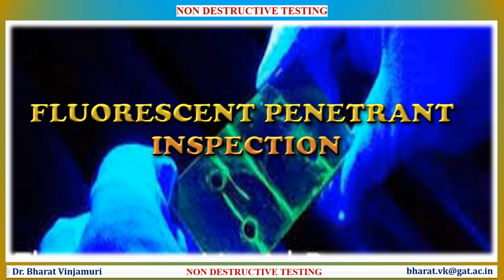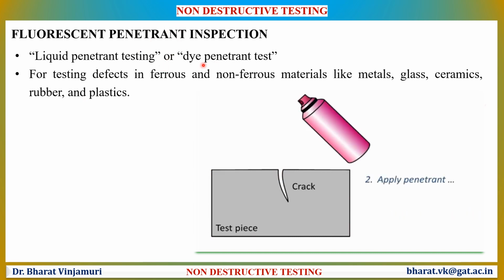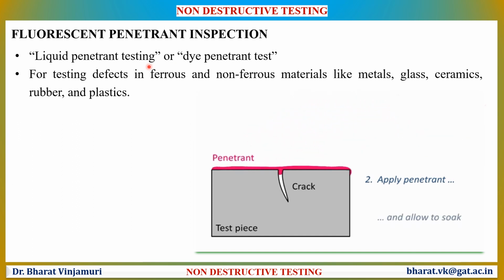Fluorescent penetrant inspection is a non-destructive testing method that is used to detect surface cracks in parts. Let us now understand the complete process. Fluorescent penetrant inspection is also called liquid penetrant testing or dye penetrant test. This test is one of the oldest and simplest NDT methods, where its earliest versions date to the 19th century.